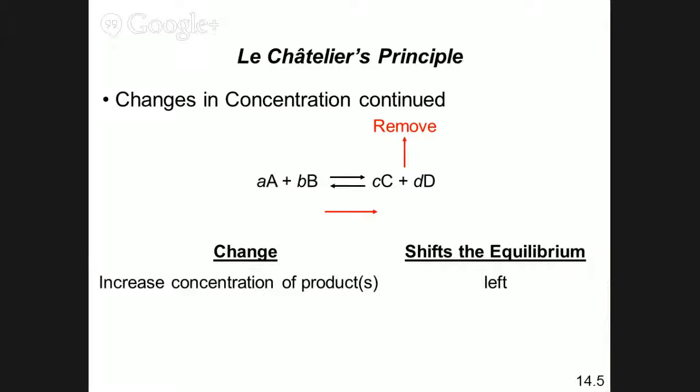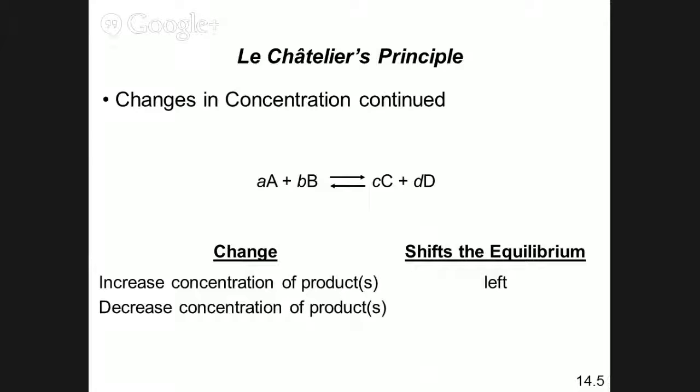If we remove product, that's a different change. We take some of the product out of there. Well, then it's going to go in the opposite direction. It's going to try to make more product. That's the shift. And so we'll say that that will decrease. We decrease the concentration of products, and we'll have a shift right.